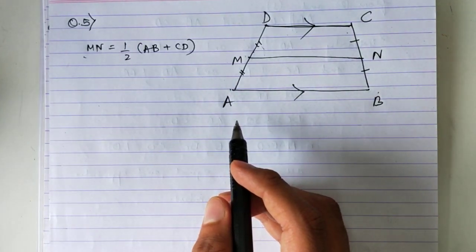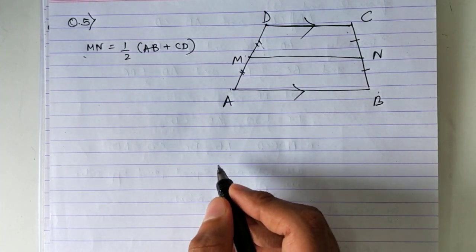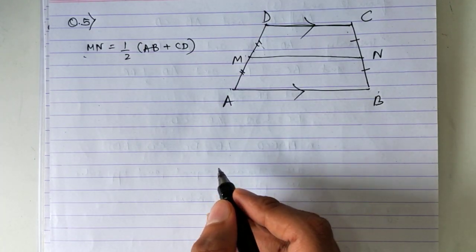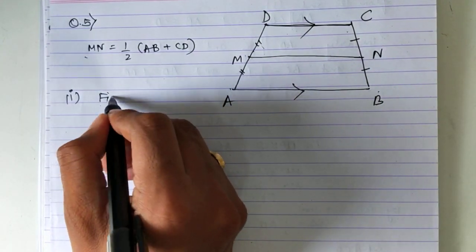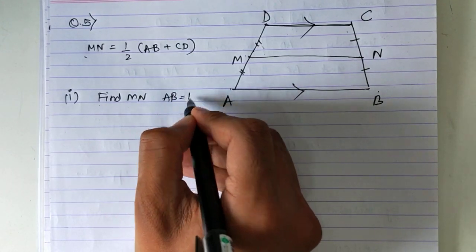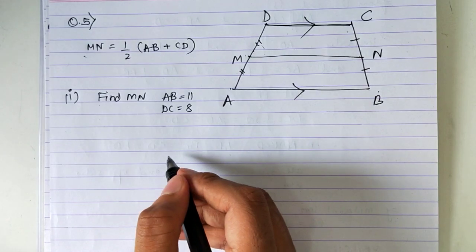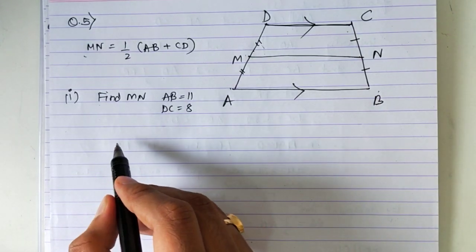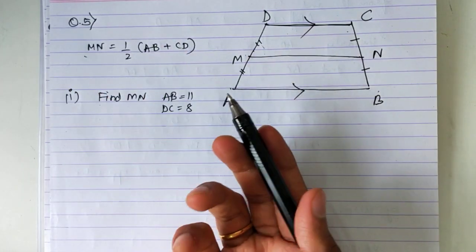Okay, now based on this formula, the question is, the figure given below shows trapezium ABCD. First question, they have told to find MN if AB is 11 and DC is 8. AB is 11 and DC is 8. So just copy this formula and substitute the values, that's it.